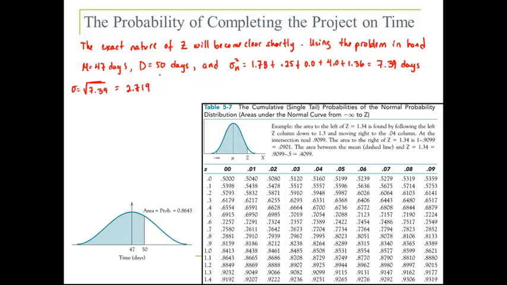Okay, so using the standard deviation, the D, or the completion time, and mu, we can find the value of the Z random variable. So that's 50 minus 47 divided by 2.7.